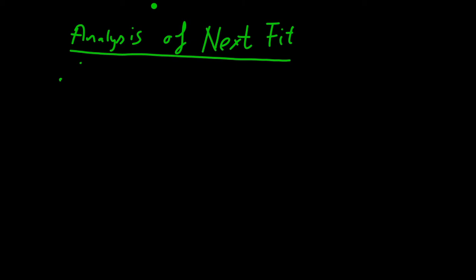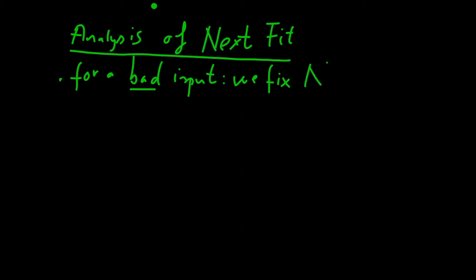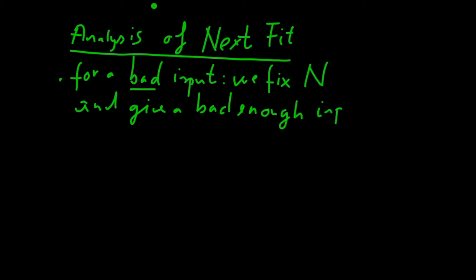So for a bad input, we first have to fix n and give a bad enough input sigma.